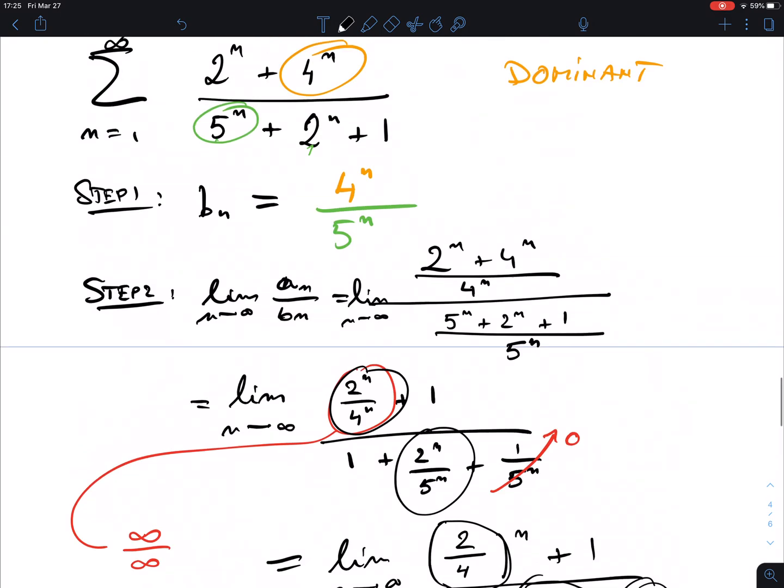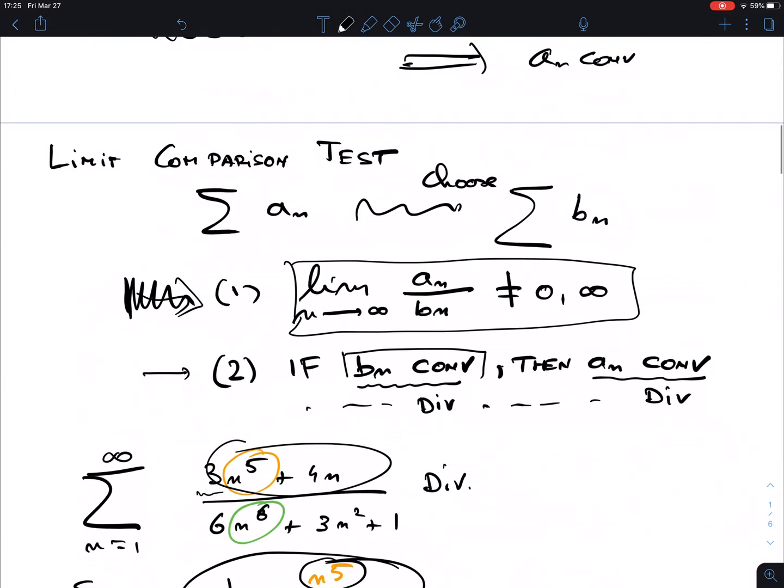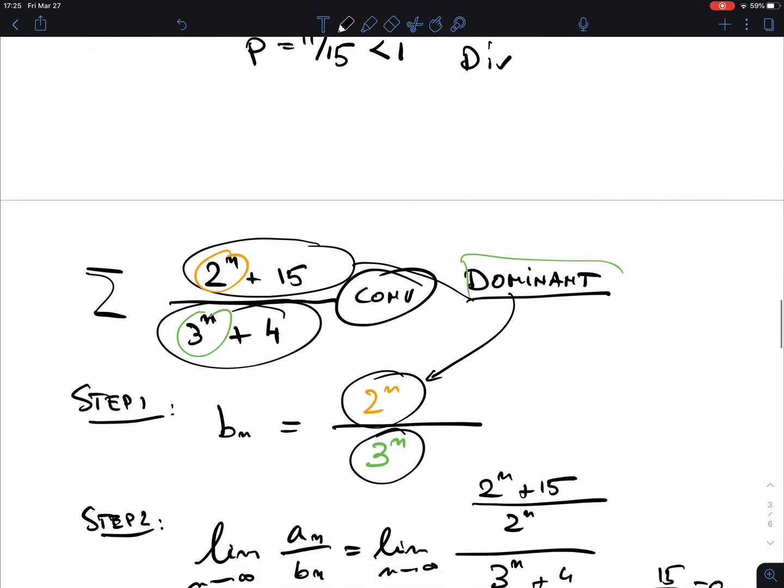That's good, that's the condition. So you have to first verify that this limit is not zero or infinity, and then secondly you look at Bn.